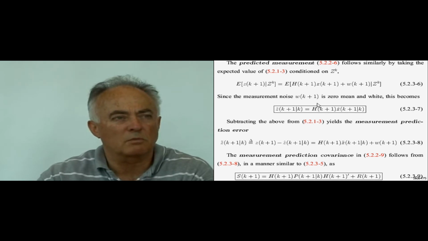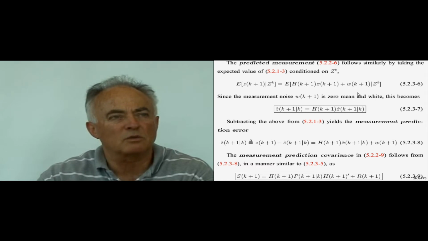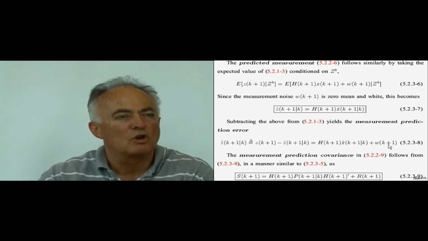You can see hk plus 1 factors out. xk plus 1 minus x hat k plus 1 given k gives you x tilde k plus 1 given k, and there is a measurement noise here. So this is now our measurement prediction error, which multiplied with its own transpose and taking the expectation will give us the measurement prediction covariance.